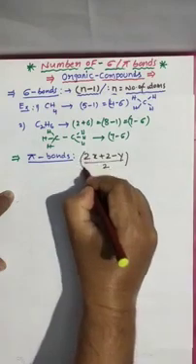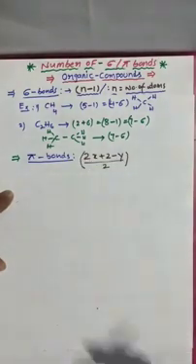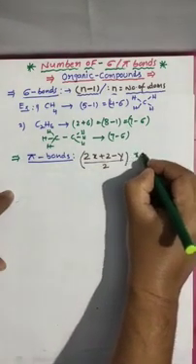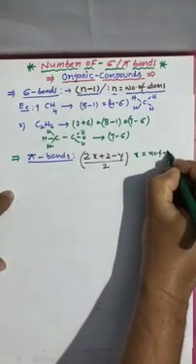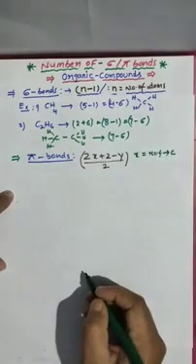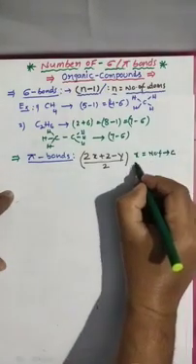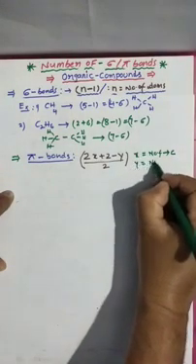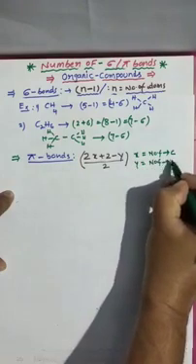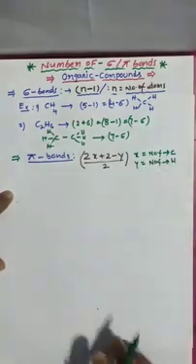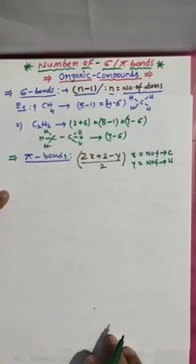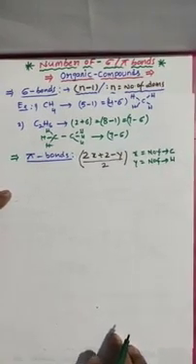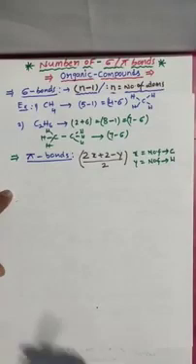This is one mathematical formula. Here x equals number of carbon atoms. What is y? Number of hydrogen atoms. Clear? Number of carbon atoms, number of hydrogen atoms. That is for pi bonds.